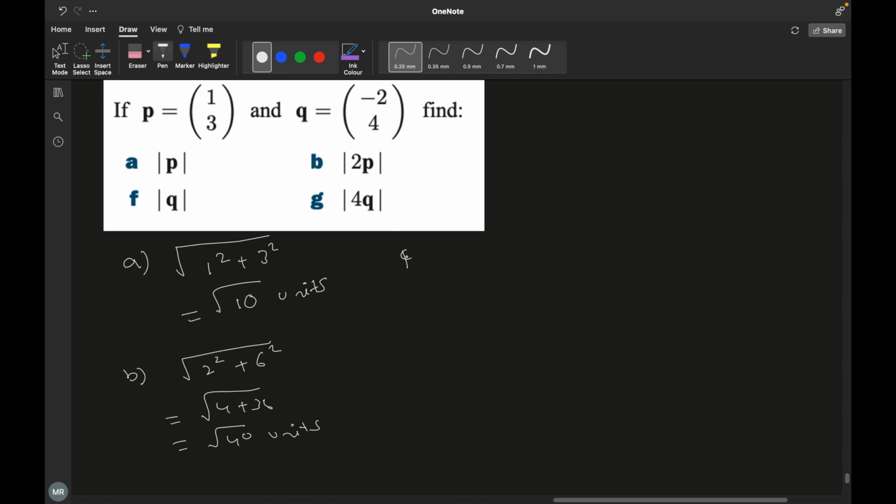And let's do F, magnitude of Q, so minus 2 whole squared plus 4 whole squared. We have 4 plus 16, so square root of 20. 4Q is minus 8, 16.